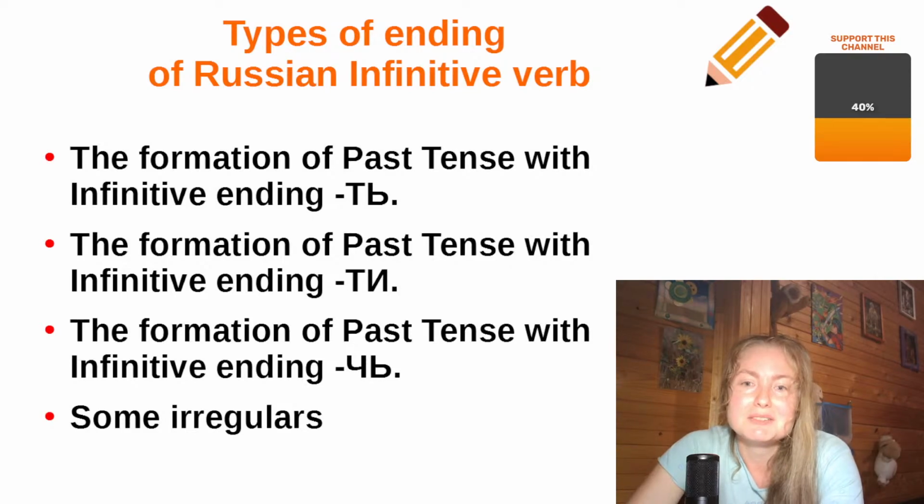For intermediate level, yes, of course, you will meet them. But for beginners, you need to know only the first type. And of course, we will speak today about some irregulars. Of course, I think that every language in the world has its own irregulars. If you remember, in English language, we have too many irregulars in the past tense.